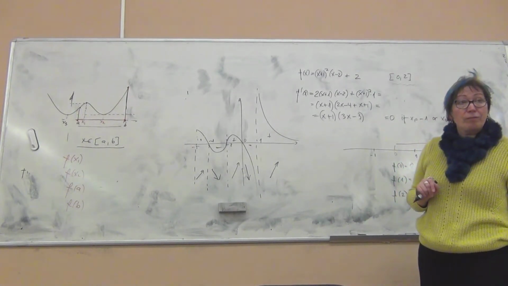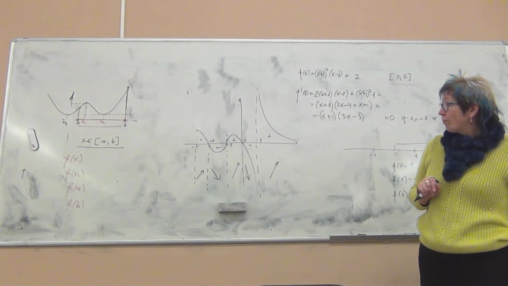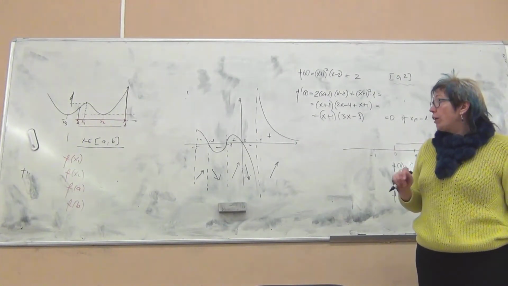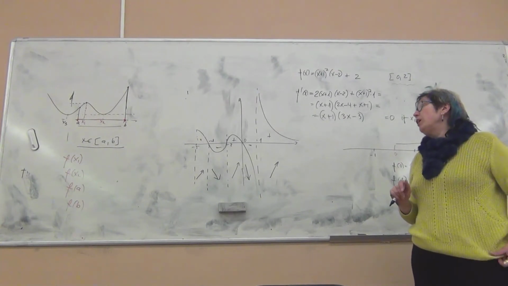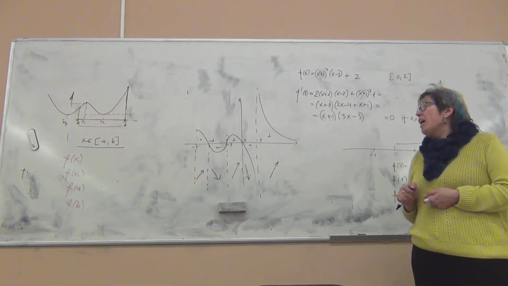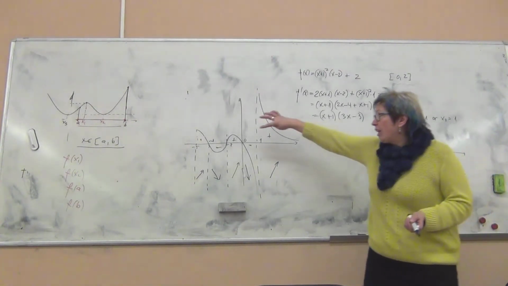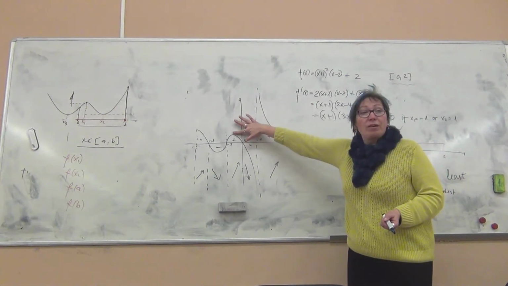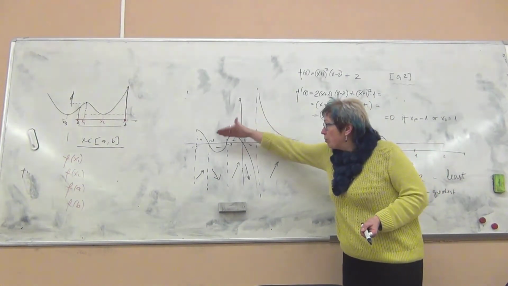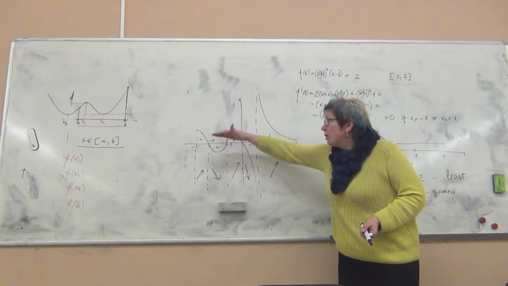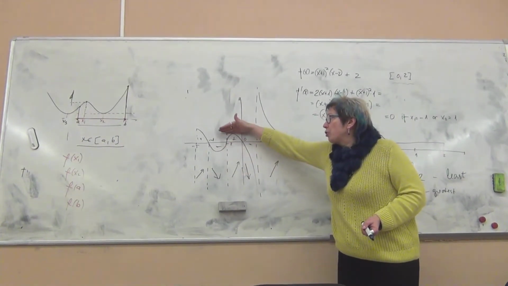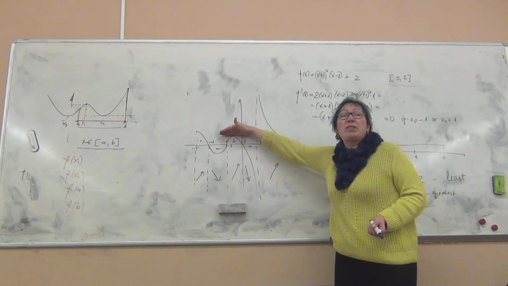And what about inflection? We might say the inflection points are actually where the derivative has maximum or minimum points. These are possible inflection points because the second derivative will be 0 there.